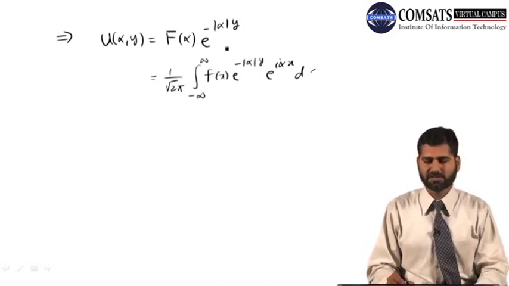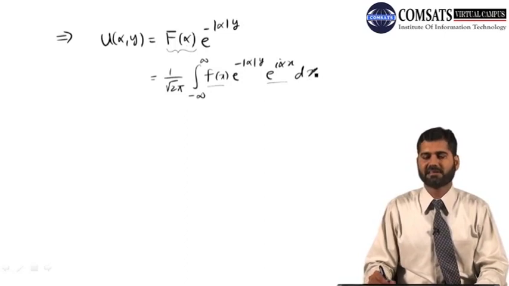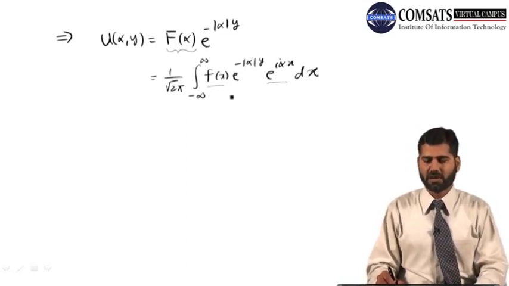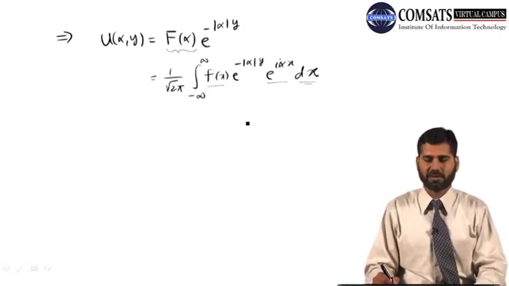We are not taking the inverse transform, we are just replacing this by its formula. This will be your transform. So because this is a function of y, I brought this inside the integral. Doesn't matter because the integral is with respect to x.